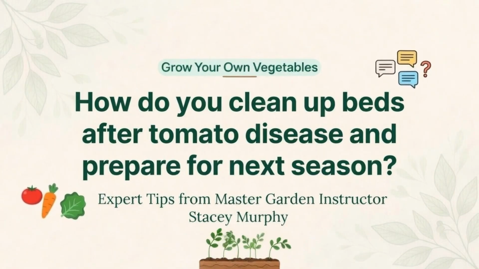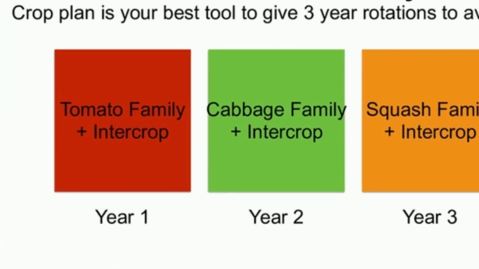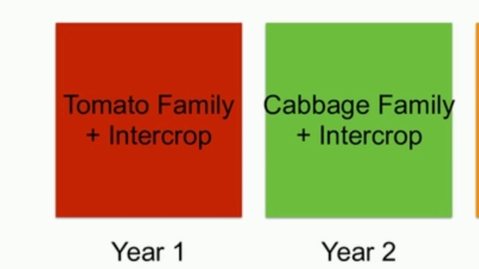But one of the biggest things you can do for your success in keeping pests and diseases at bay: year 1, you have your tomato family crop, and maybe intercropped with a couple other things, basil, parsley, maybe some garlic. You have that year 1 in a bed. The next year in that same bed, you would rotate to the cabbage family and intercrop it with some other things. Maybe you put in some chard, which is in the beetroot family.